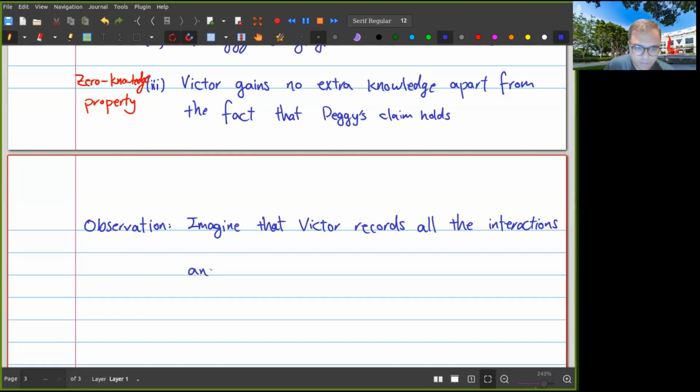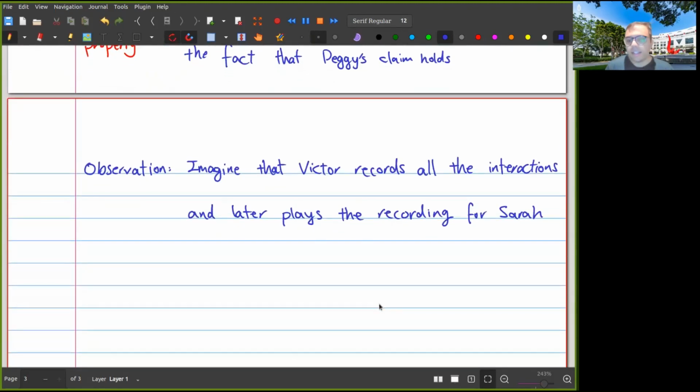And later plays the recording for, I don't know, let's just give another name to someone else. Let's say Sarah. Then from Sarah's point of view, the recording should look fake. So there should be no way to convince Sarah that the recording is not fake.